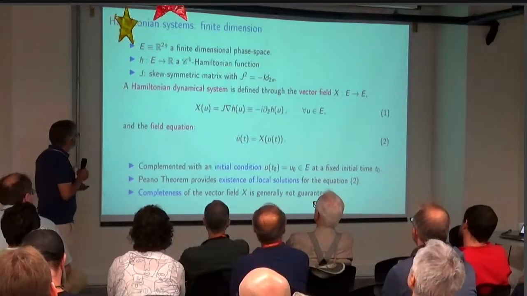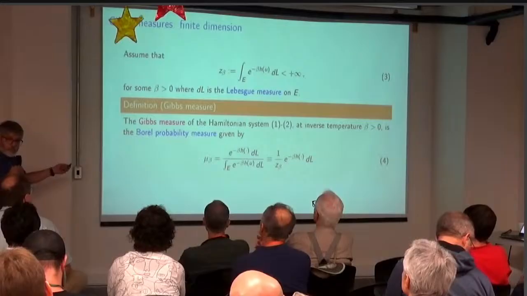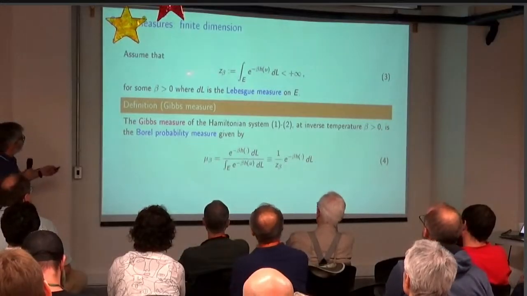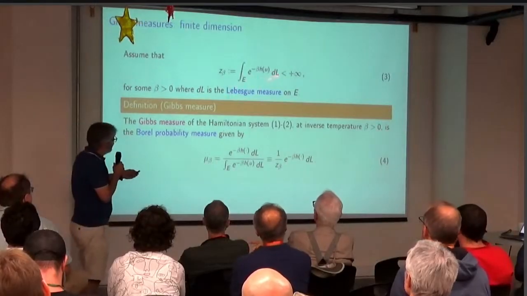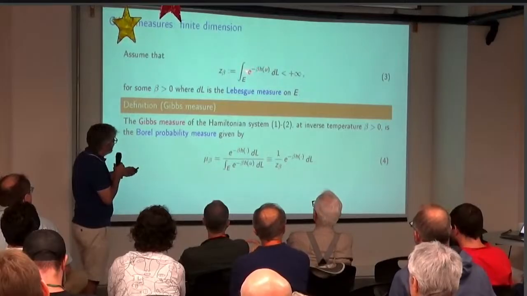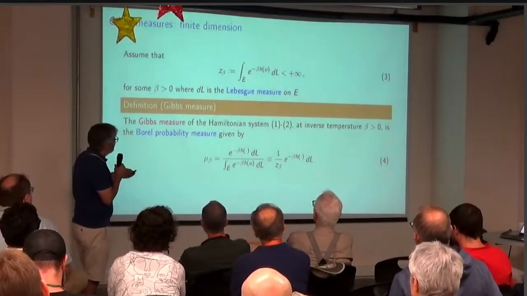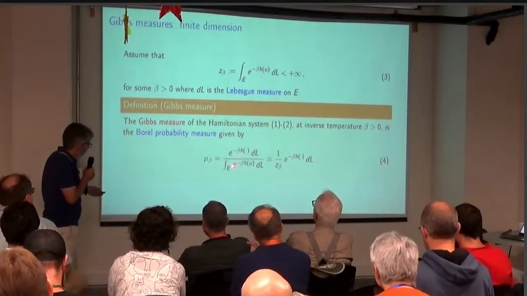Let me recall what Gibbs measures are. With the same framework, what I will call Gibbs measures is this: you take H the Hamiltonian function, and whenever this integral is finite, then you can define the Gibbs measure to be the Borel probability measure defined in this way.